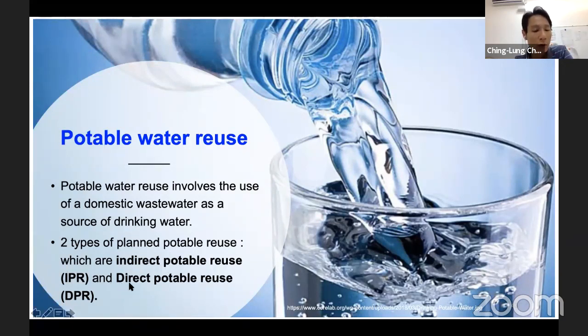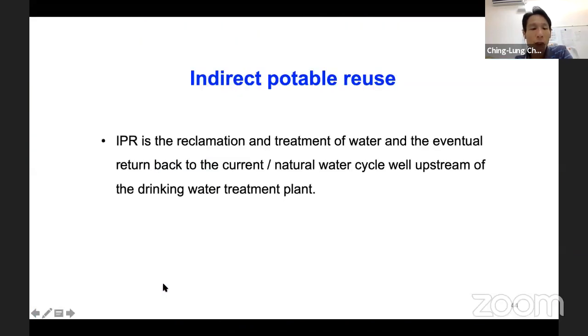The second type is called direct potable reuse. The indirect potable reuse is the recontamination and treatment of the water and the eventual return back to the current natural water cycle well upstream of the drinking water treatment plant.